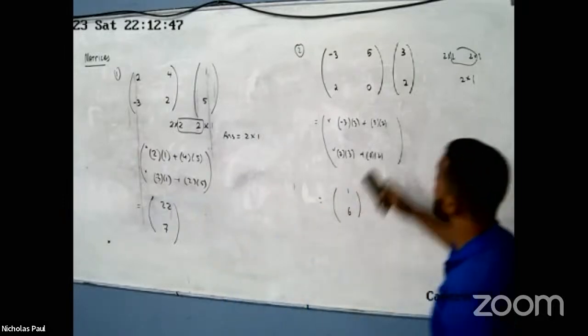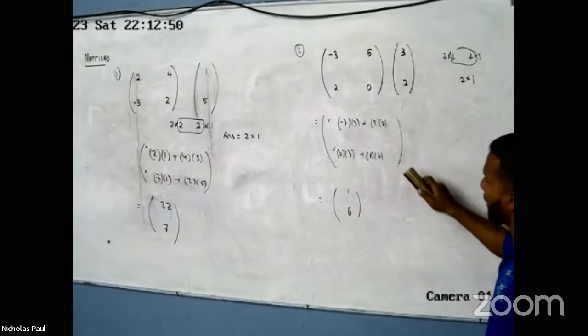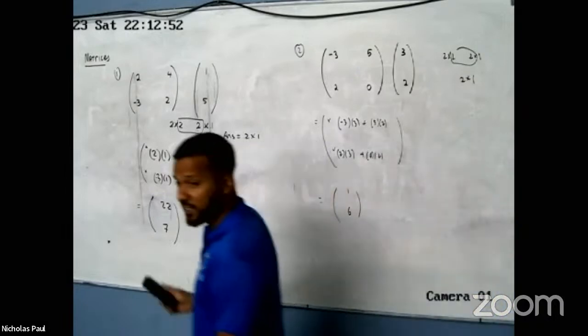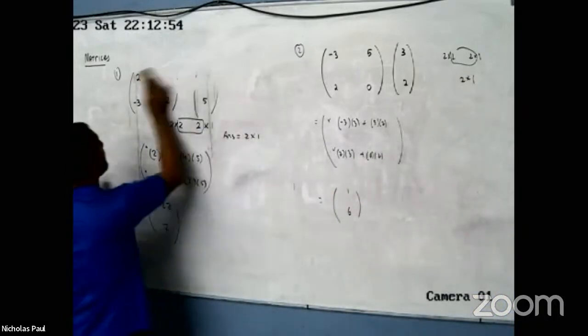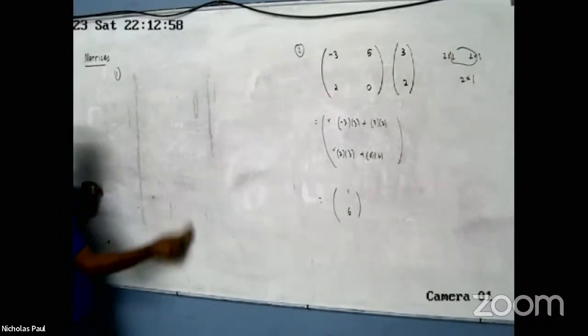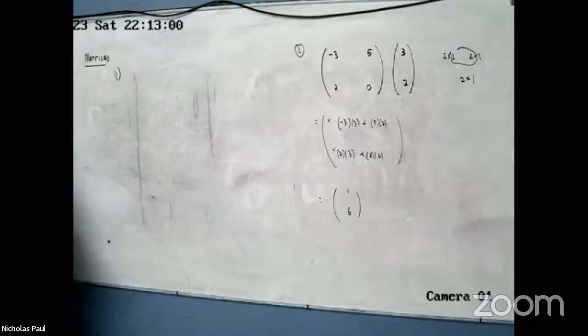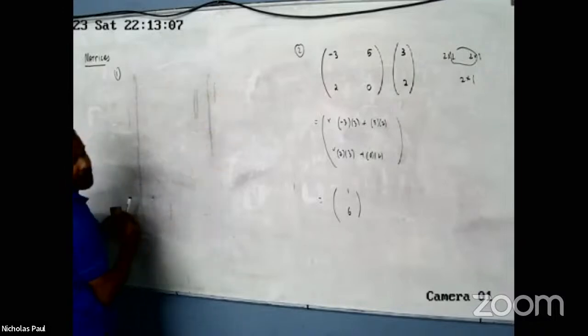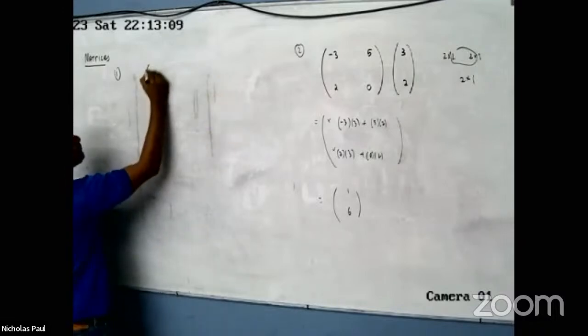All right, so let's change it again. Let's go a little bit harder. What's the rule again when multiplying? Multiply the rows in the first matrix by the columns in the second, right? So I'm going to give you a 2 by 2 now by a 2 by 2.